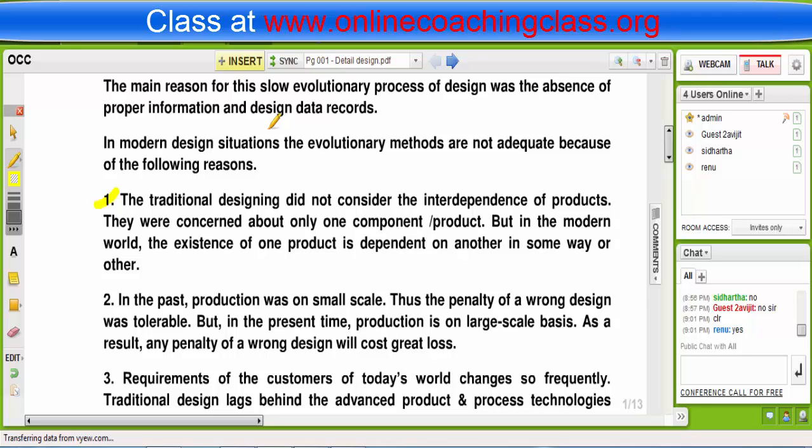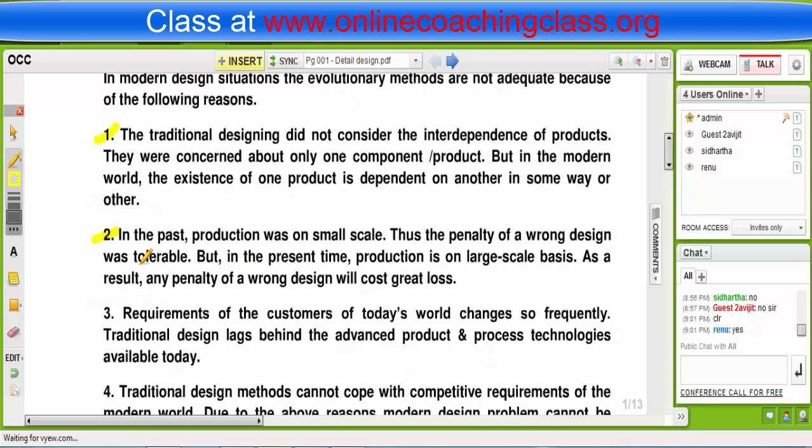Now, point 2: in the past, production was on a small scale. In earlier days, the population was much smaller, human needs were fewer, and production was small scale. Thus the penalty of a wrong design was tolerable, but in the present time production is on a large scale.